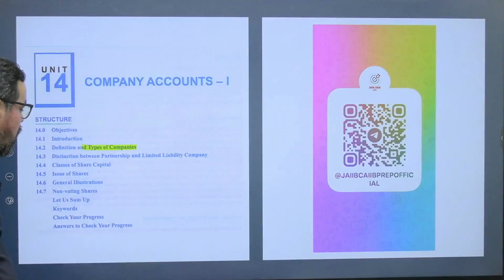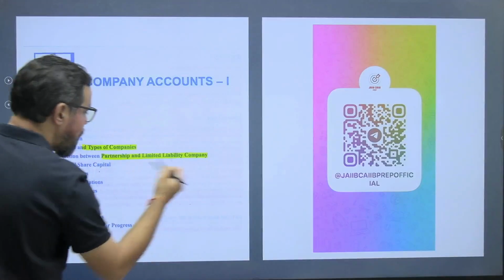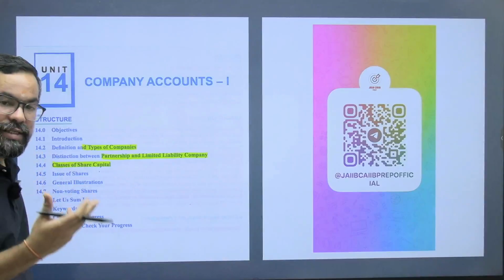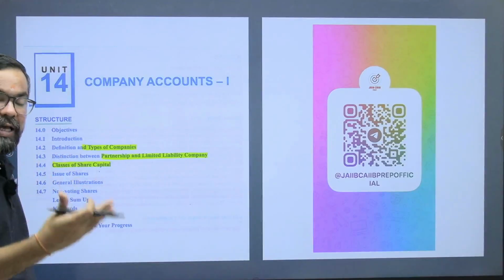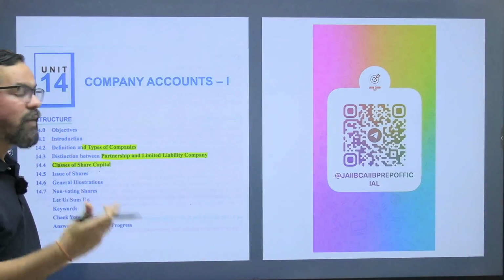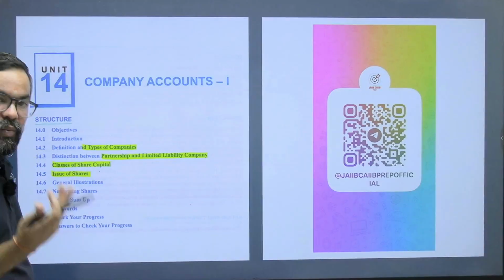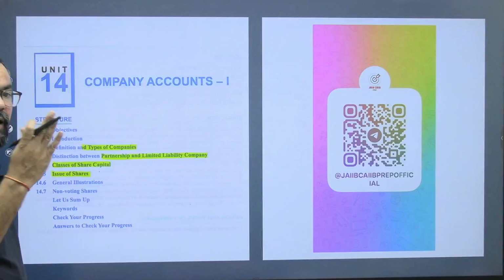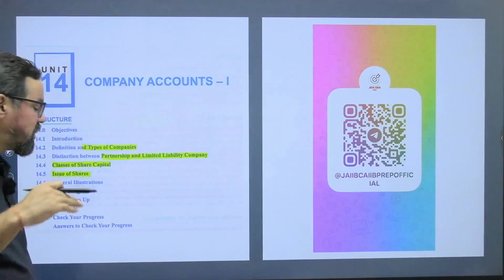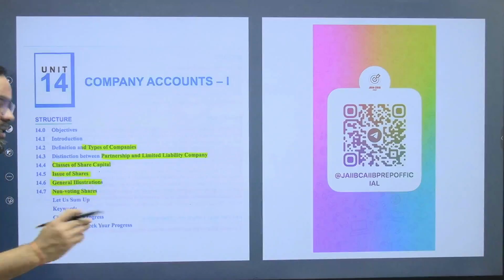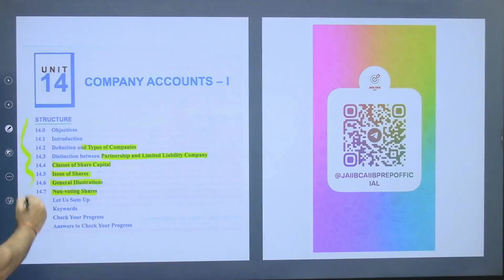We have so many types of companies, partnership and liability differences, classes of share capital like authorized capital, issued capital, subscribed capital, paid up capital, called up capital, issue of shares, where we have types of shares like equity and preference, which are further typed in general illustrations, non-voting shares and others.